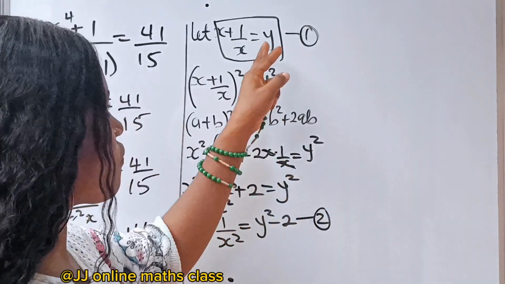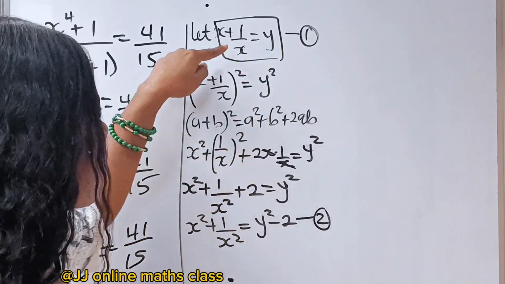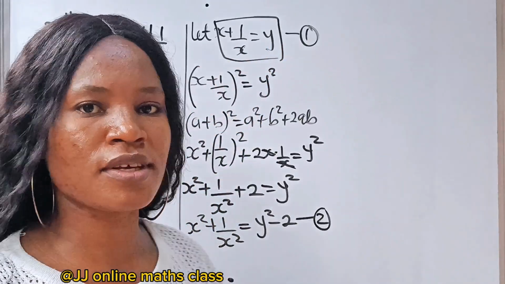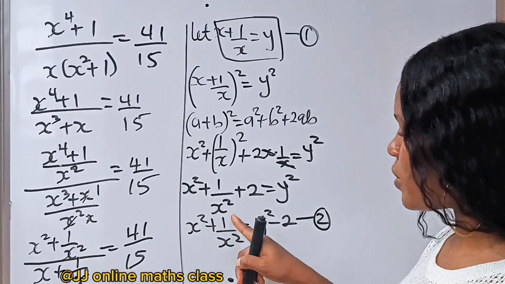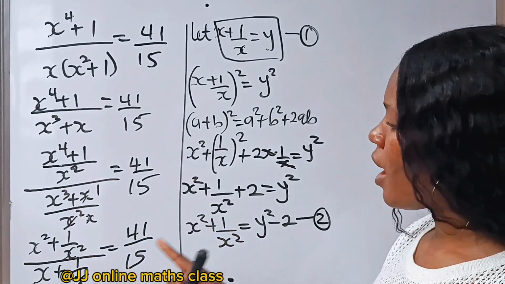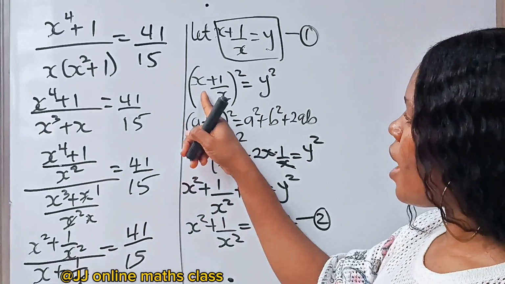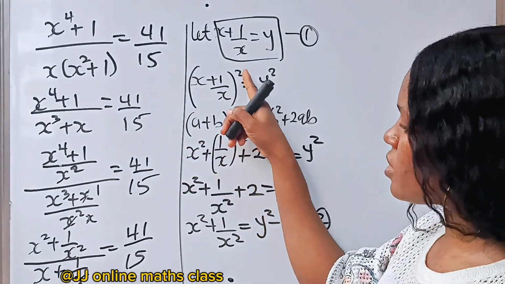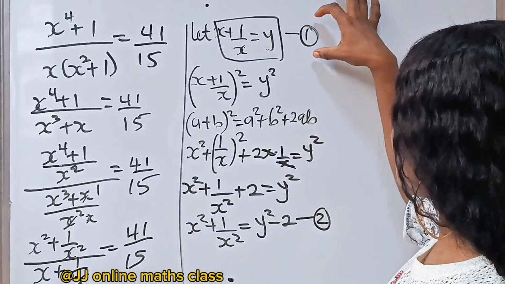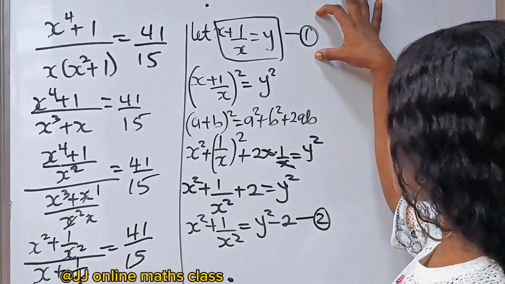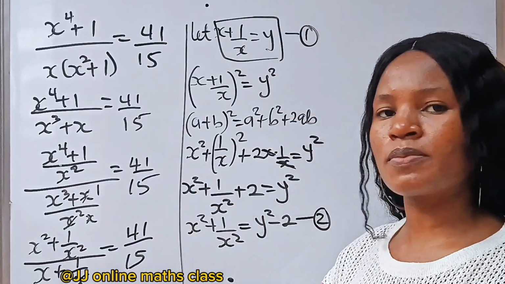Now we have found values for our numerator and denominator. Our numerator is x squared plus 1 over x squared, and our denominator is x plus 1 over x. Let's substitute equation 1 and equation 2 into this place.